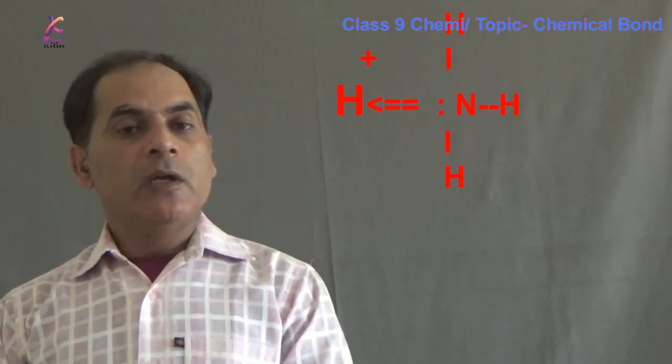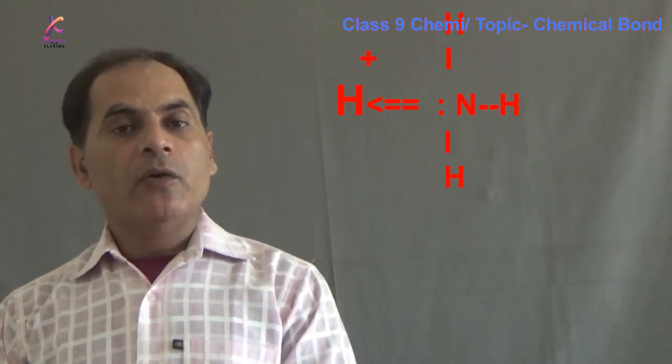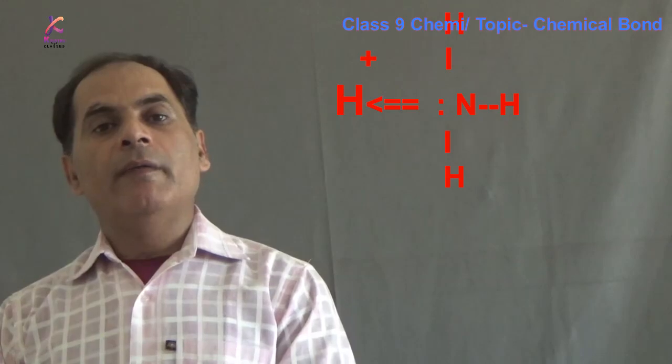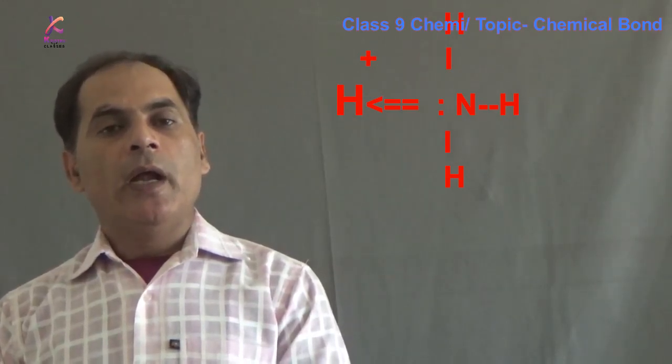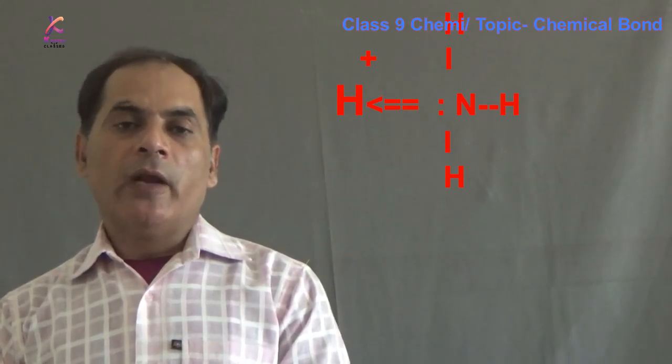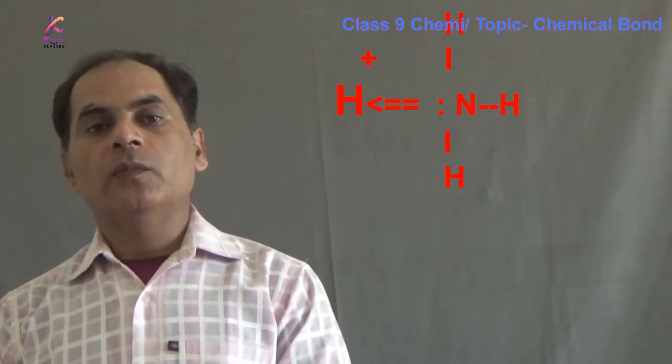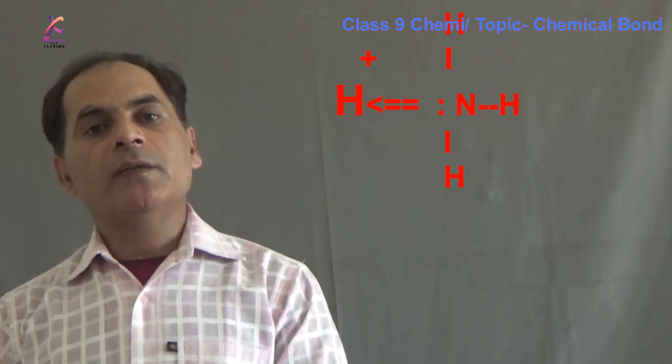Hydrogen is receiving the lone pair of electrons, which will remain in front of the head of the arrow, and the tail of the arrow will remain at the atom which is donating this pair of electrons.